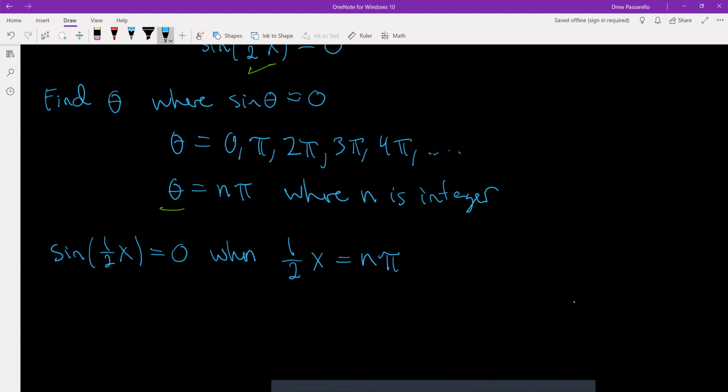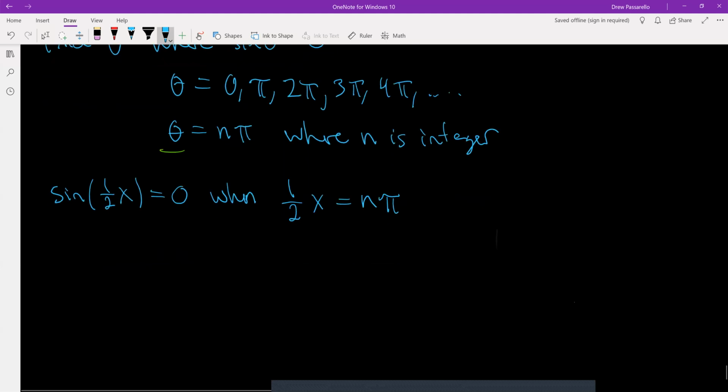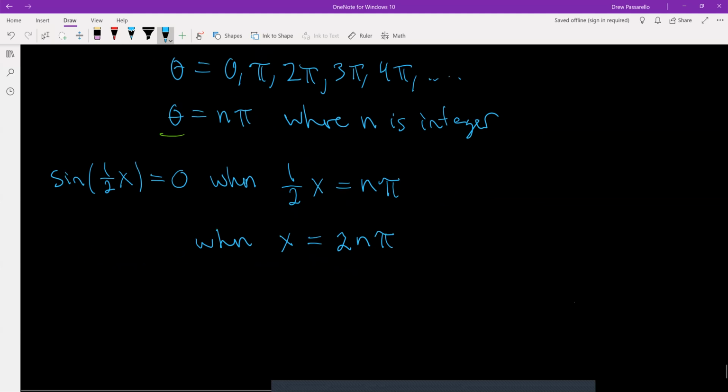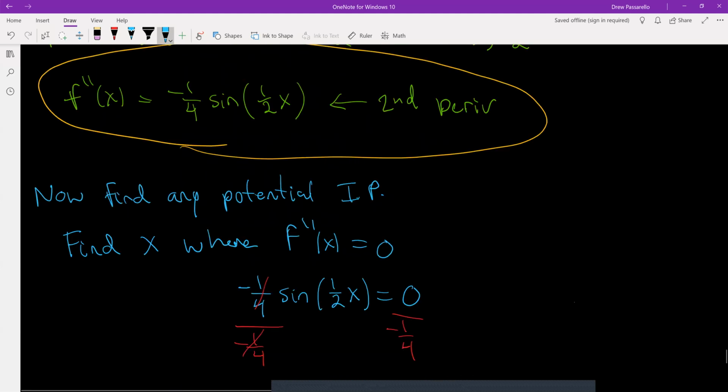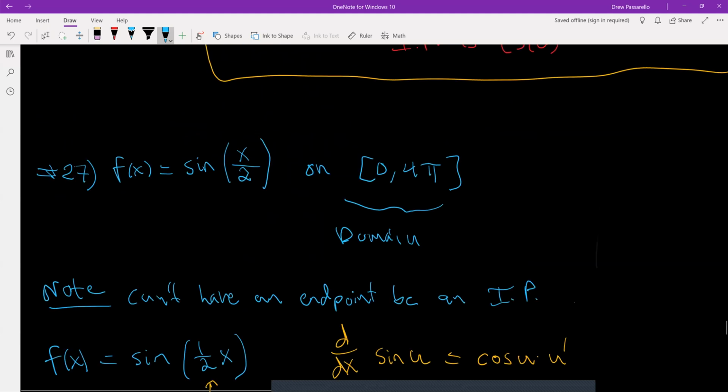Then to get rid of the 1/2, you multiply both sides by 2. So that's when x equals 2n pi. So even integer multiples of pi. Now keep in mind our domain is 0 to 4 pi.